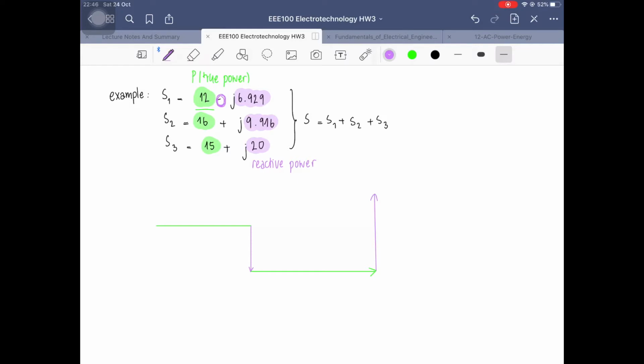So the true power, the green color, has to continue from where you left off. No matter if the Q is going up or down, the P has to continue from where it left off. Okay? So now you have everything you're supposed to do.